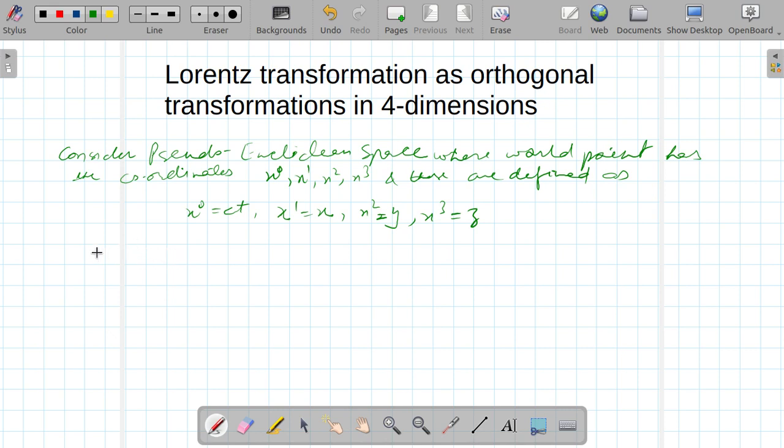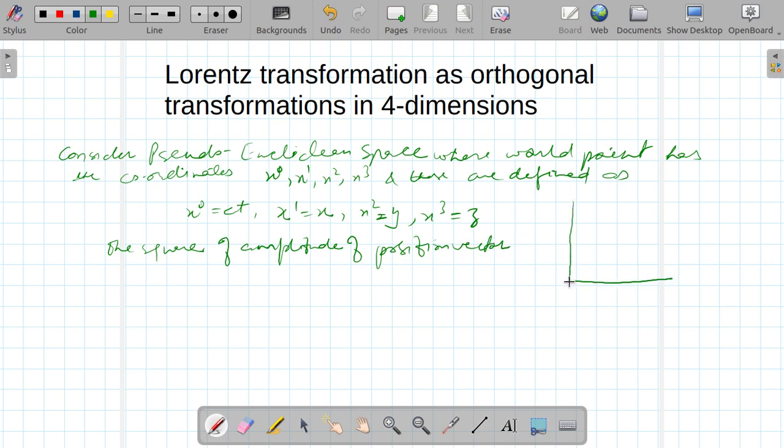Now the square of the amplitude of the position vector is defined as follows.